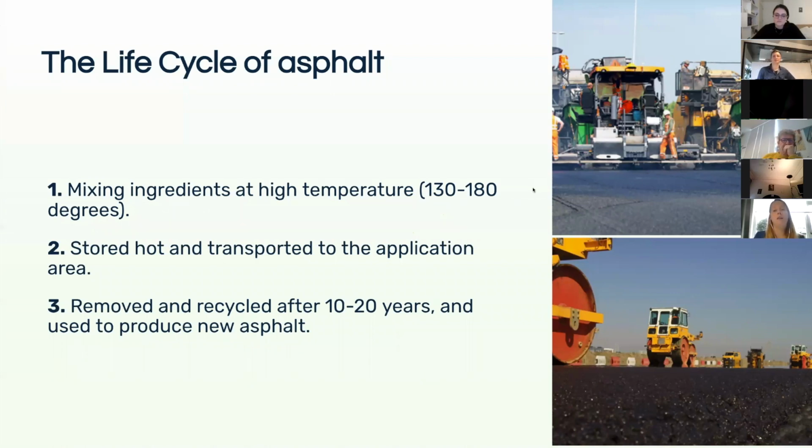Those are the main materials, and it's mixed by heating it at high temperature and then mixing it between 130 and 180 degrees. And then it's stored hot and transported to the application area. And there it's applied while still hot. And then, of course, it's used for about 10 to 20 years. Then it's removed and recycled again to produce new asphalt.